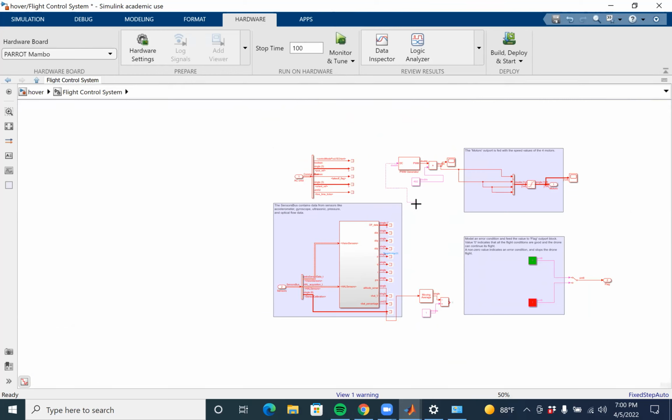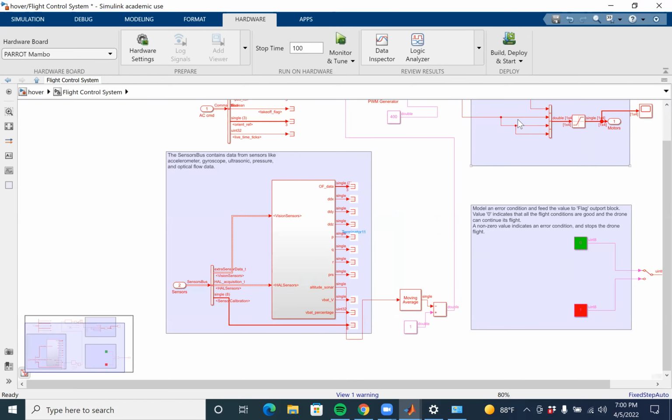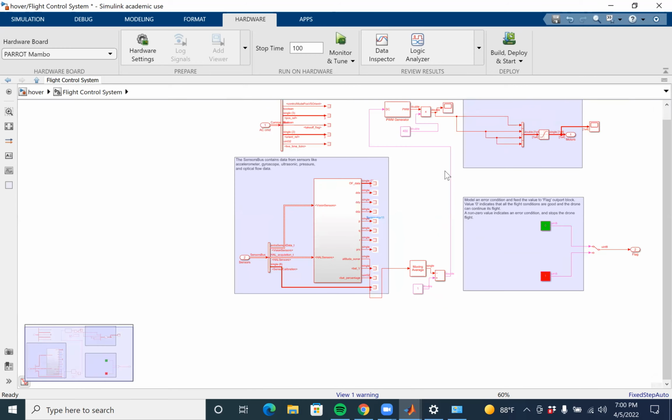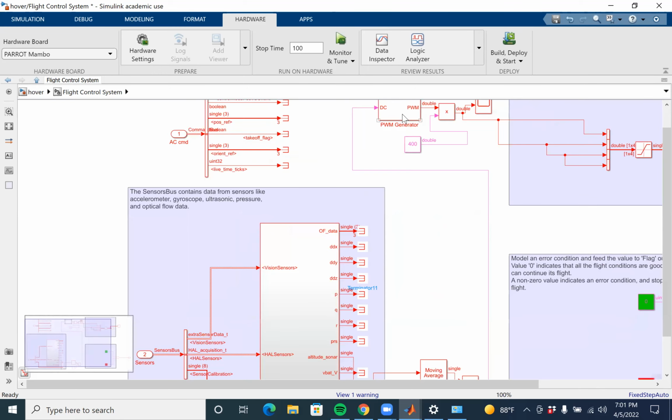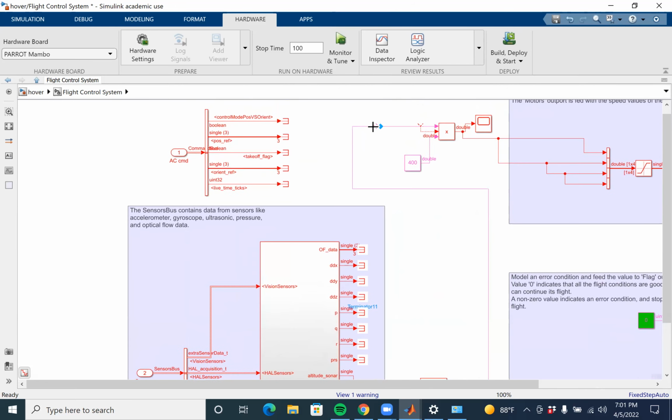Yeah, it's not going to be stable, however. It's going to be unstable, however. But, oh, I didn't show you DC to PWM, right? No. I just showed you DC, right? No. Don't worry about it.